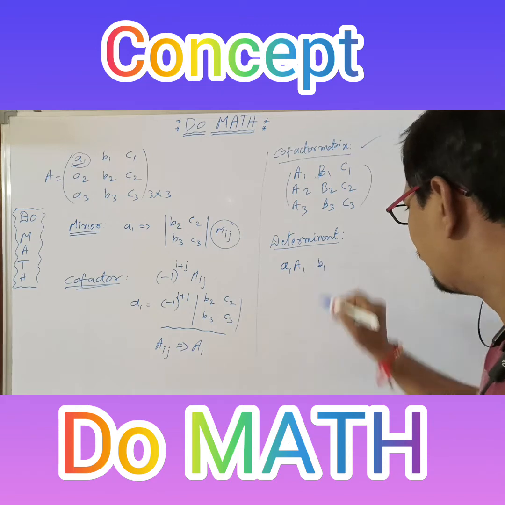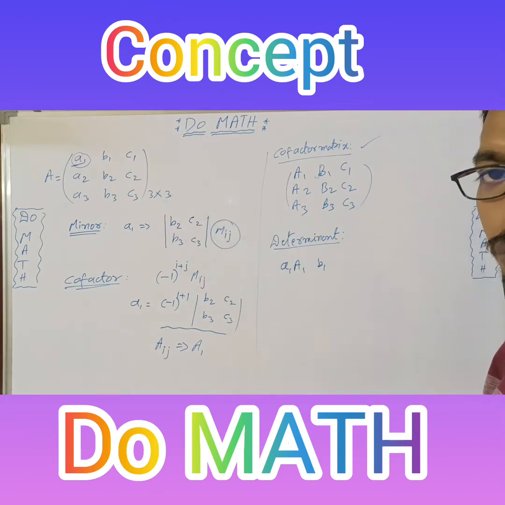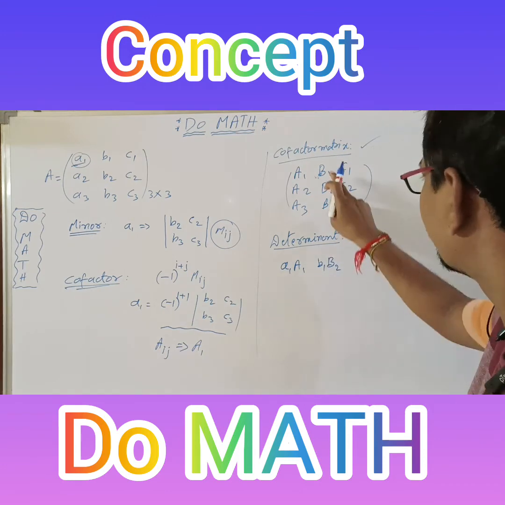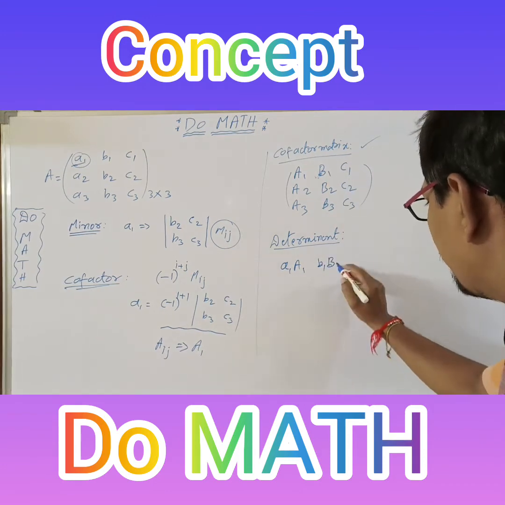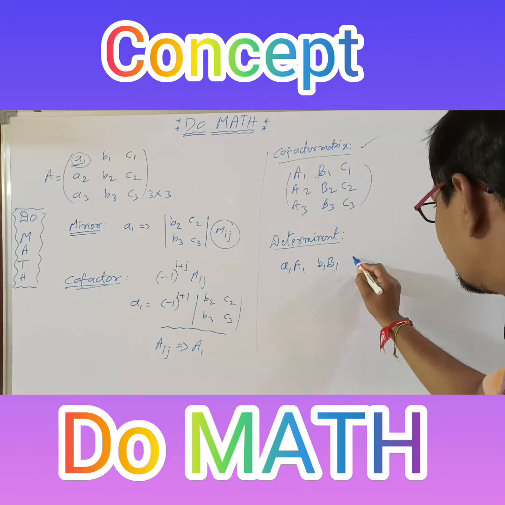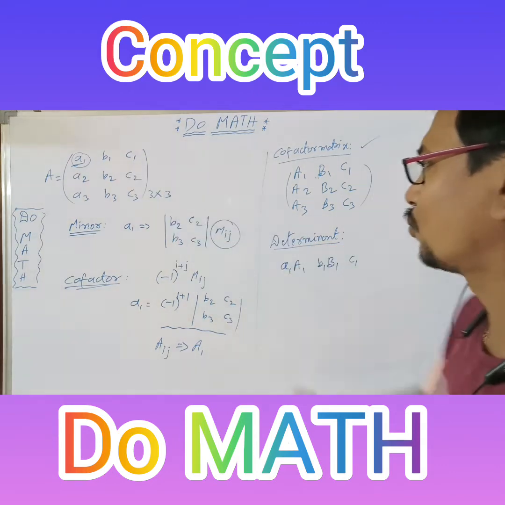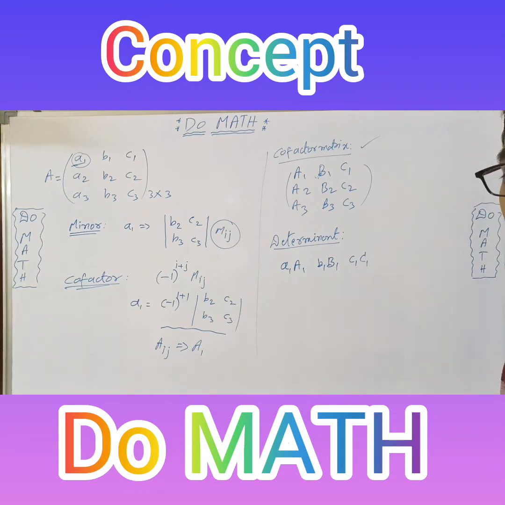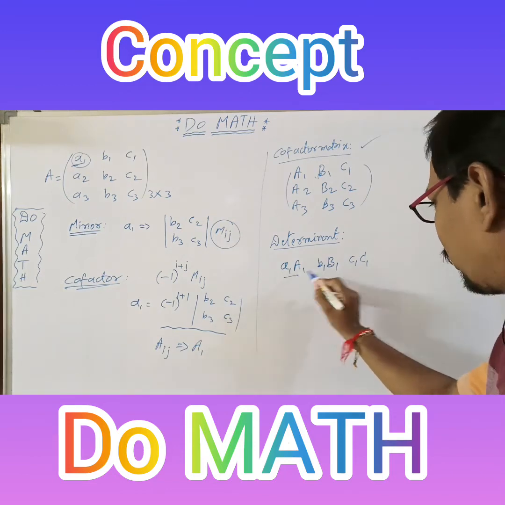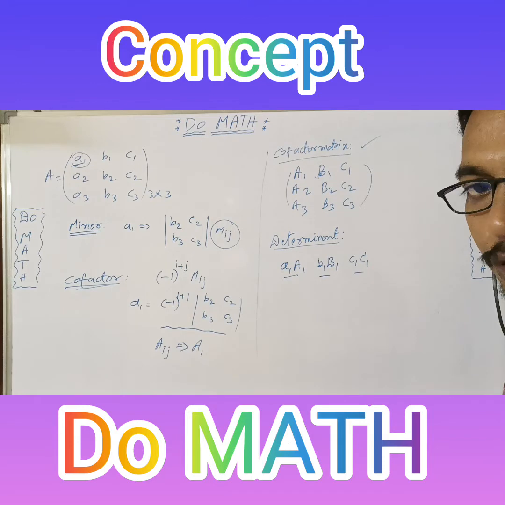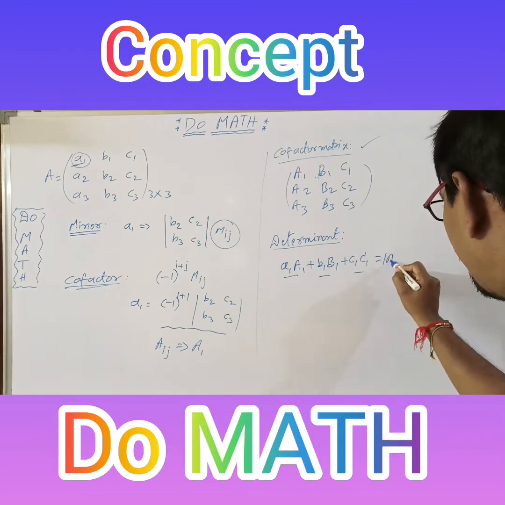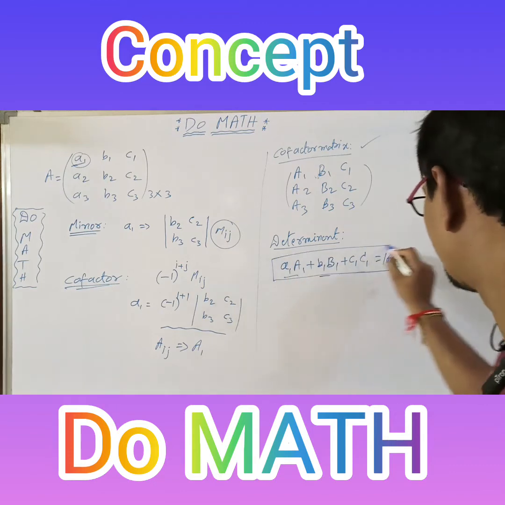I take B1, the first row, second column element, and its corresponding cofactor is capital B1. C1, the element in the first row, third column, and the corresponding cofactor is capital C1. So the sum of the products of elements with corresponding cofactors is denoted by the determinant of a 3 by 3 matrix.